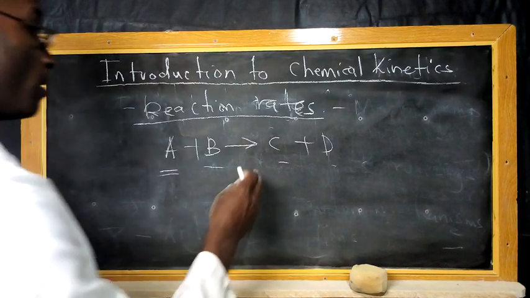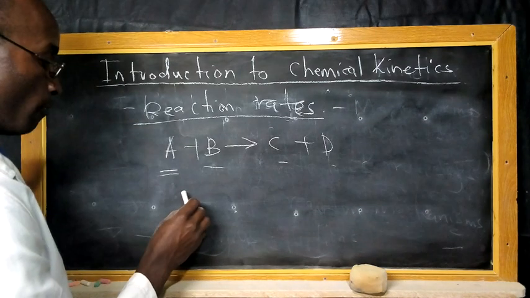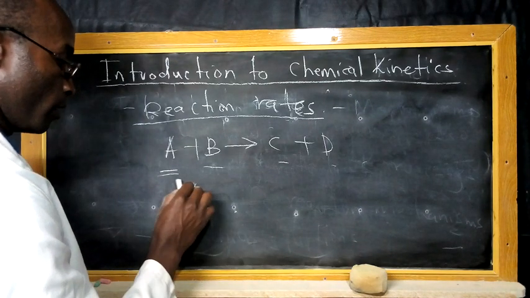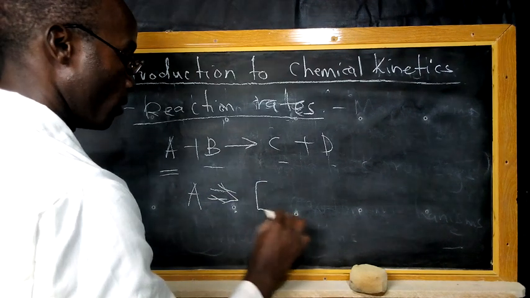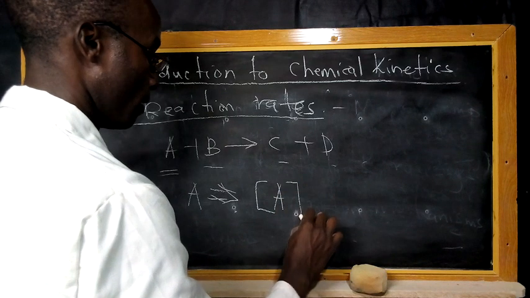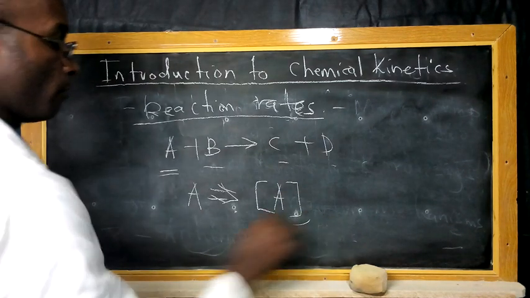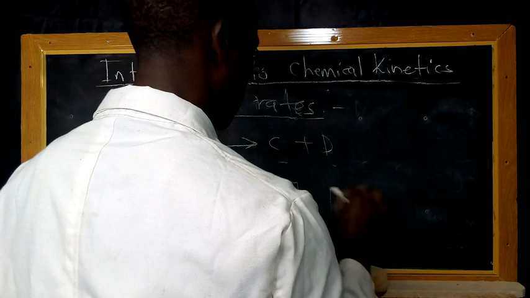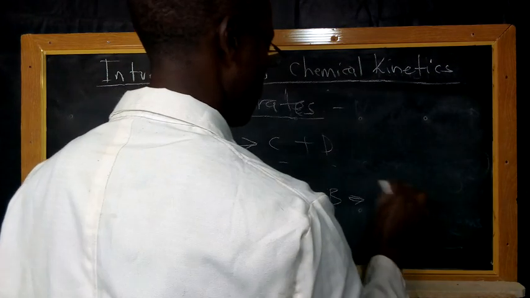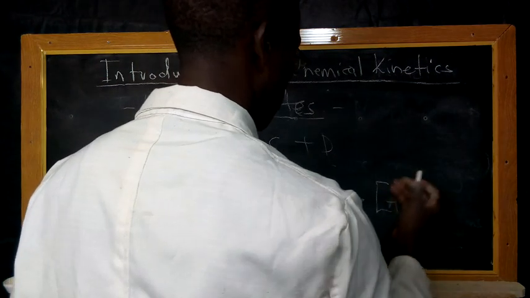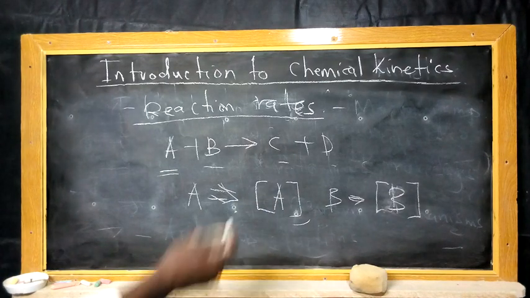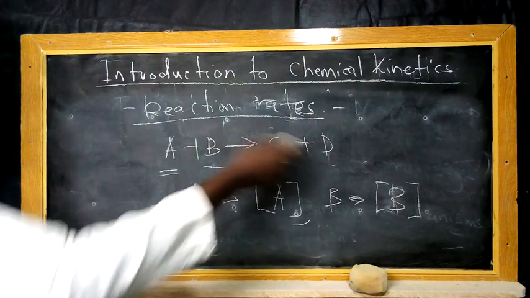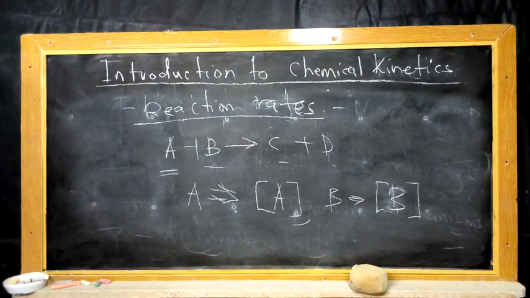If we are referring to the concentration of A, then we're going to give it as the square brackets of A. If we are referring to the concentration of B, then it's going to be given as the square brackets of B. The same goes for the products: the concentrations of C and D respectively are going to be given in that order.